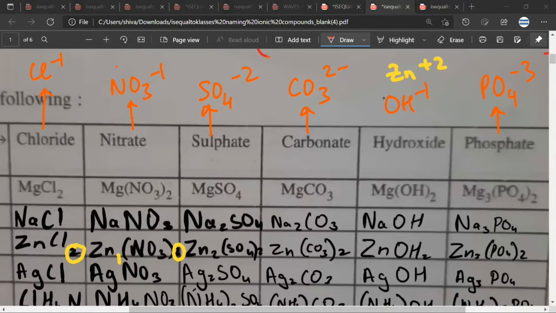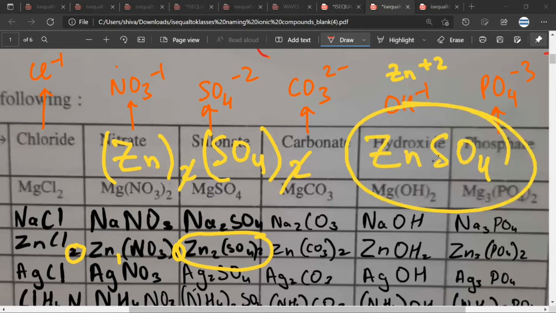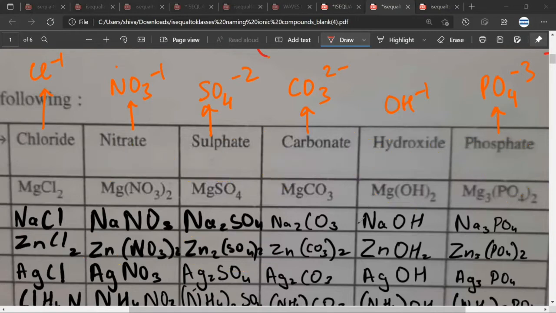Yes, sir. But when you write a compound like this, see Satya, Zn2SO4 2. Please understand that this 2 and this 2 will cancel, so it has to be written as ZnSO4. Satya, is it making sense? Yes, sir. Similarly, when you look at this, the valency of zinc is 2, the valency of carbonate is 2.